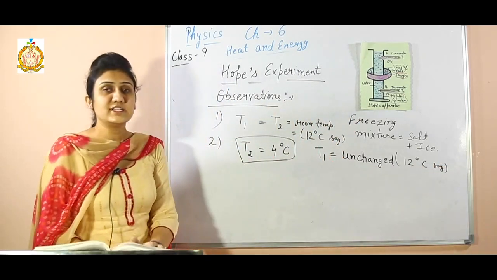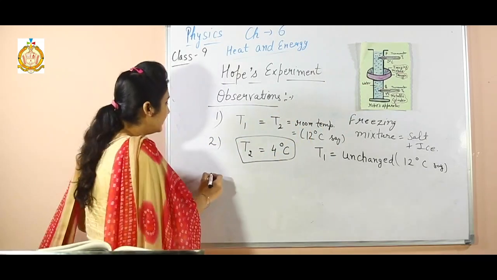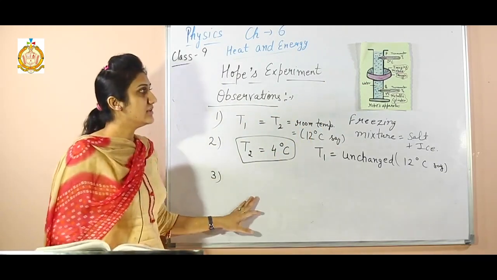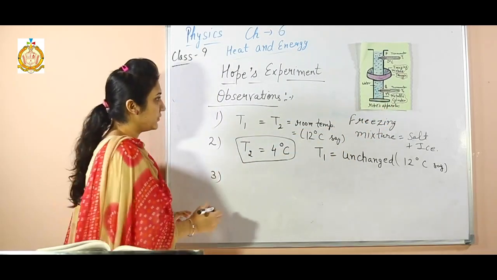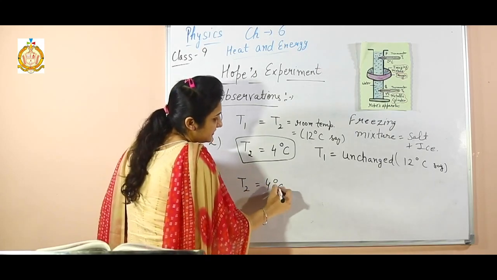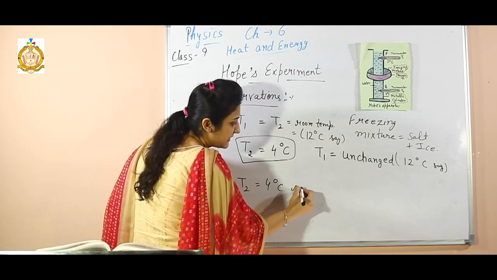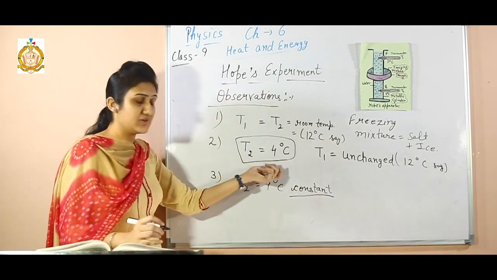Now, after some time we again observe these thermometers. We find that there is no further decrease in the temperature of thermometer T2. That is, it is constant at 4 degrees Celsius. Its temperature is not decreasing.